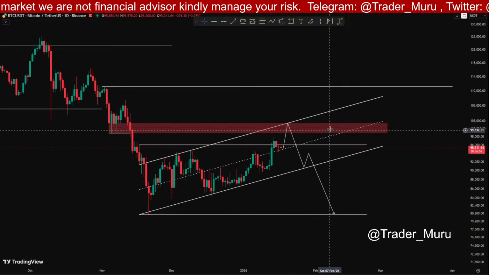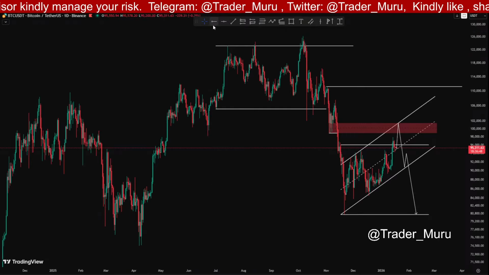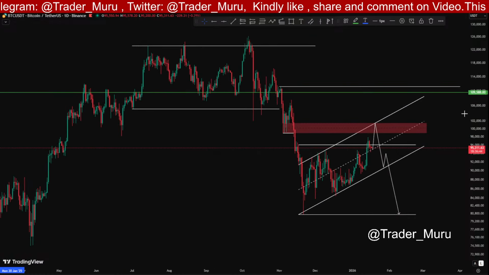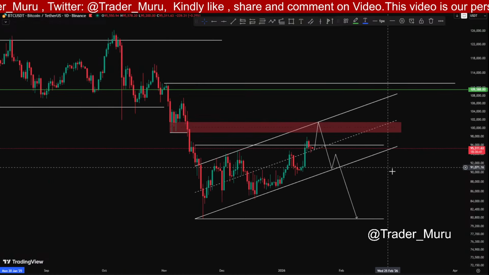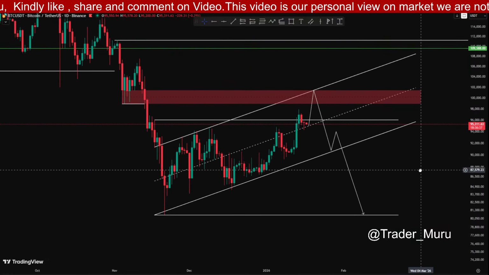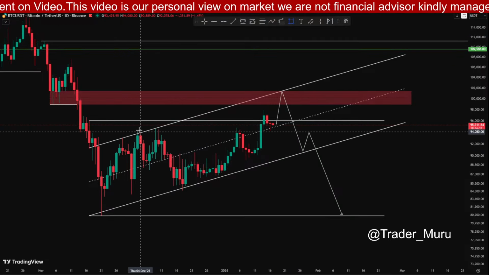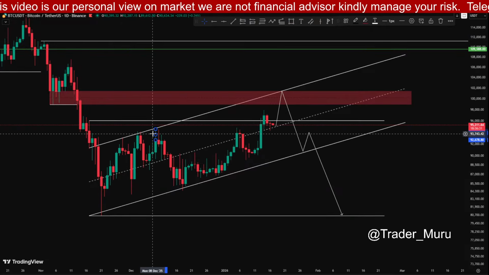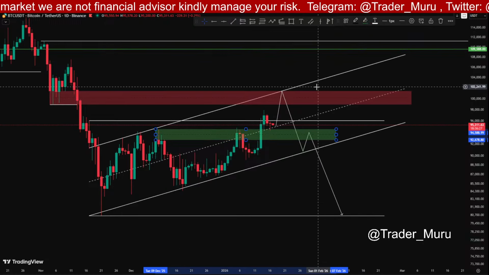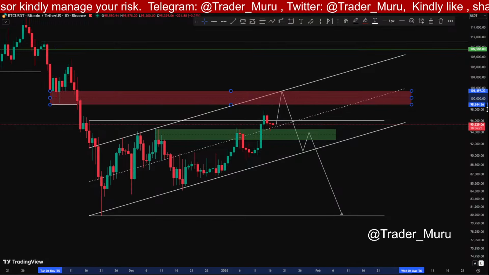And if price again pumps from here, then this zone will be the target around 109. Current structure is bullish. Price can pump from here. This is our bullish zone, and the target will be 98k to 101k.